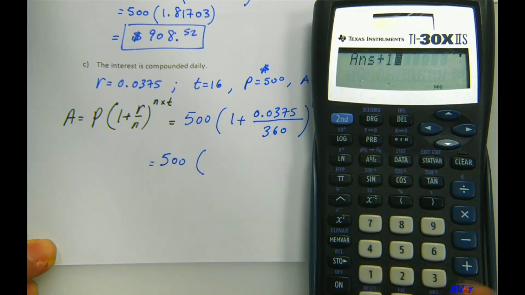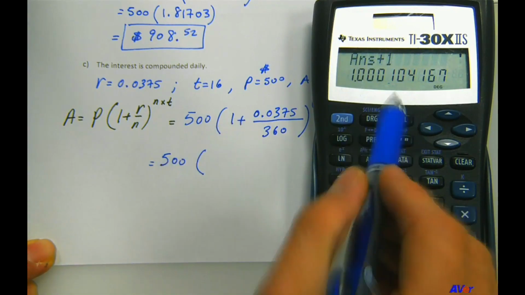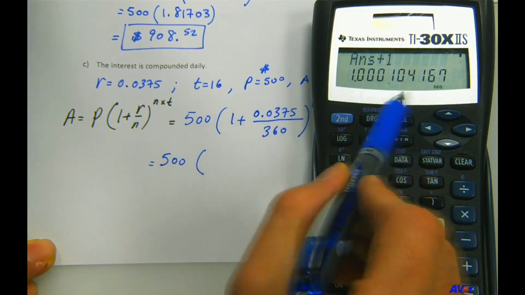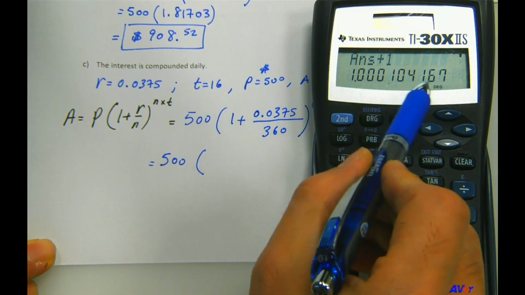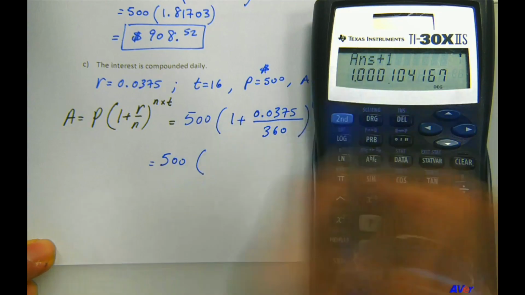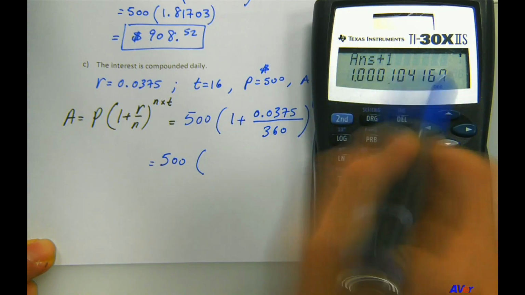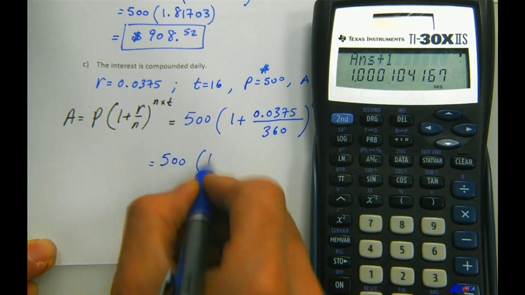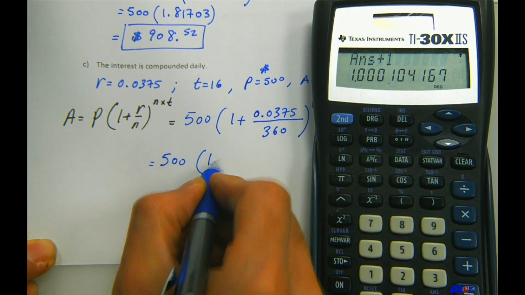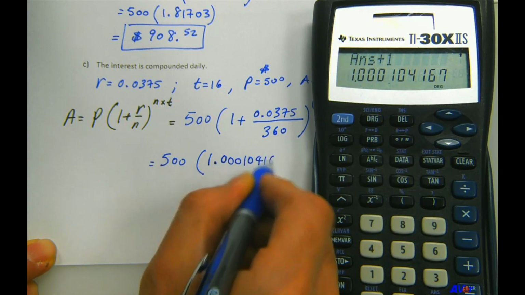Plus 1, right there. So I'm going to keep everything all the way to 1.000104167. I'm going to keep everything here because of these 3 zeros, so those become more important actually.